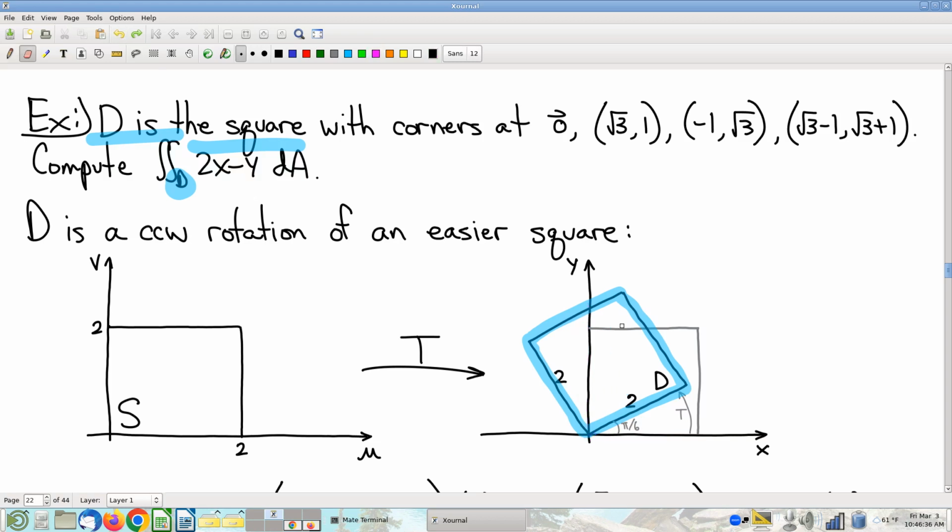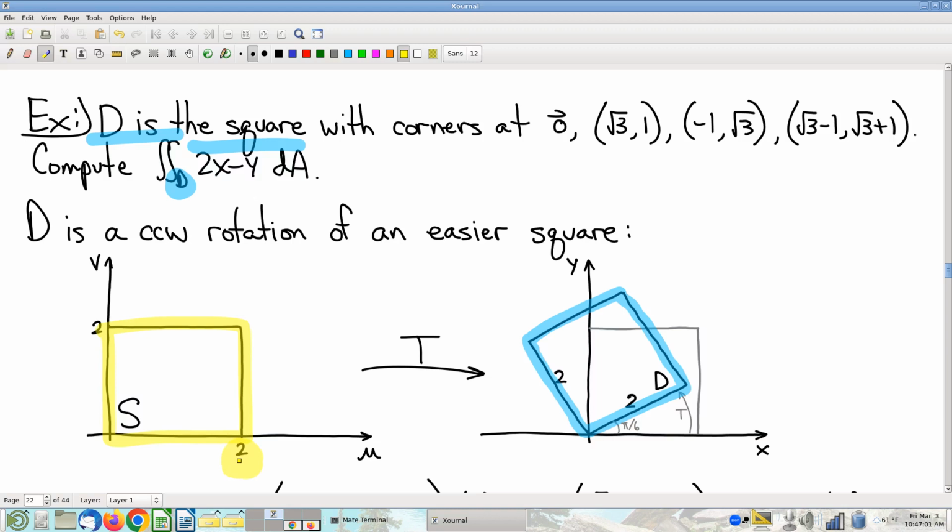So the big idea, I'm going to point out that this is what you get when you take the unit square in the UV plane, and if you rotate that unit square counterclockwise. Sorry, not unit square. I'm sorry, I misspoke.